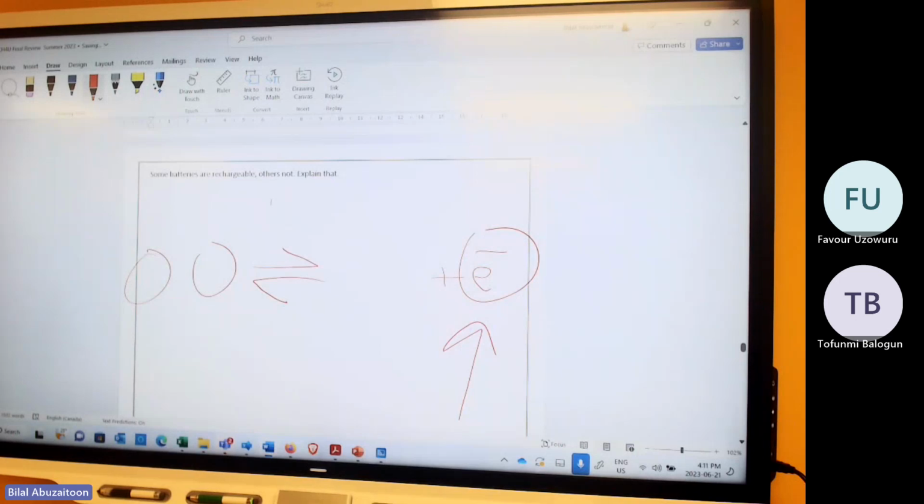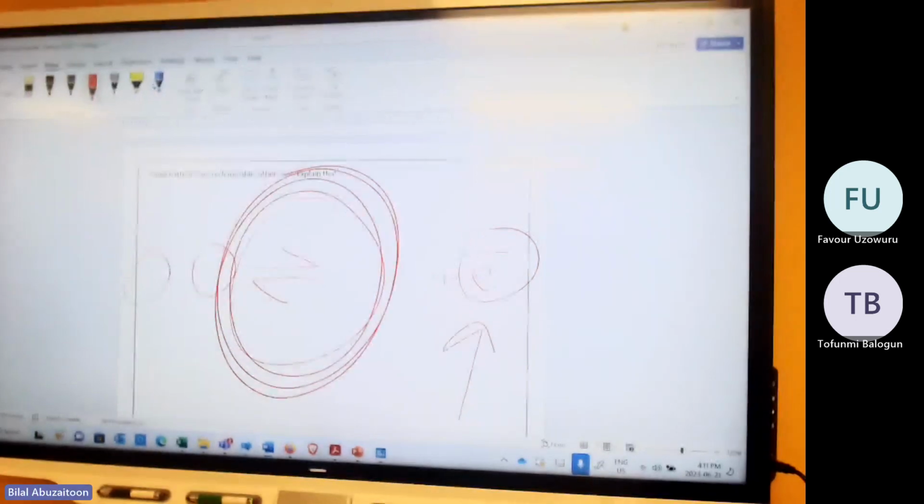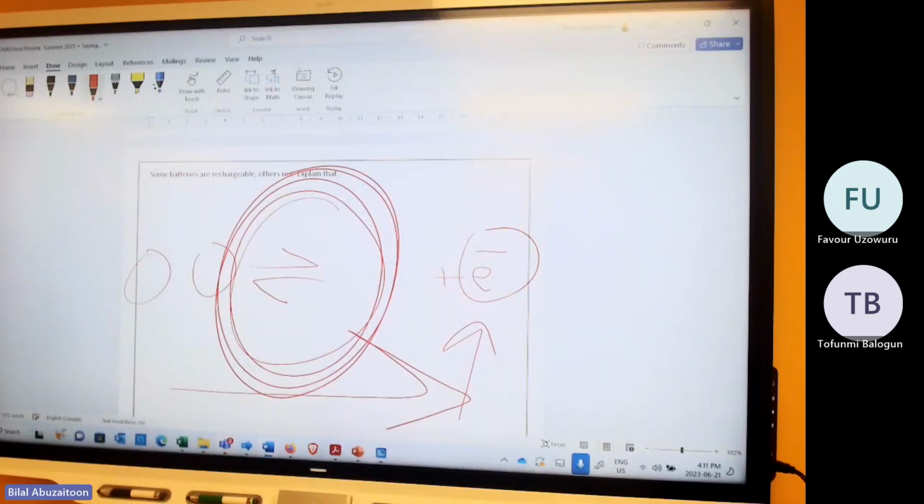What about the others that are not rechargeable? It means it's not reversible, it's just one way. If you put a non-rechargeable battery into a recharging station, it will do nothing. Why? Because the reaction itself is not reversible.